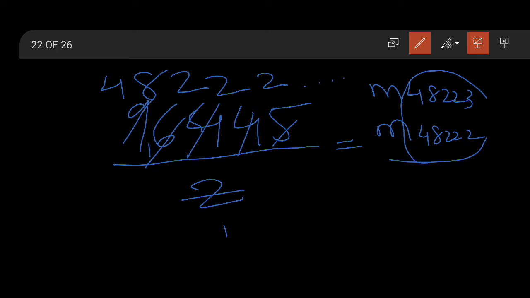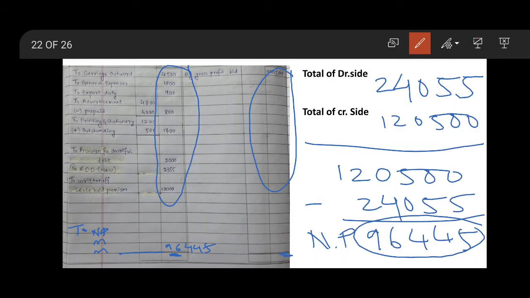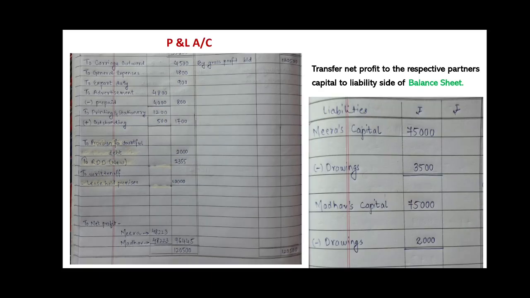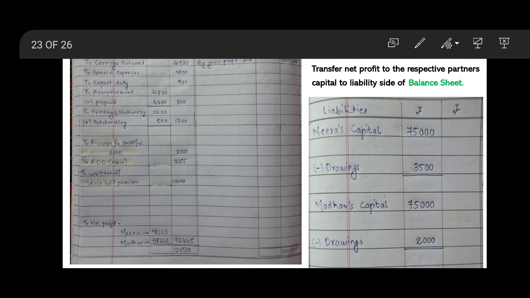The total should come 96,445. So in this way we will divide amongst them. The divided part for Meera is 48223 and for Madhav 48222. In this way you will close down the account. Take the total of credit side, transfer it, find the balance as net profit and divide it into the two partners.